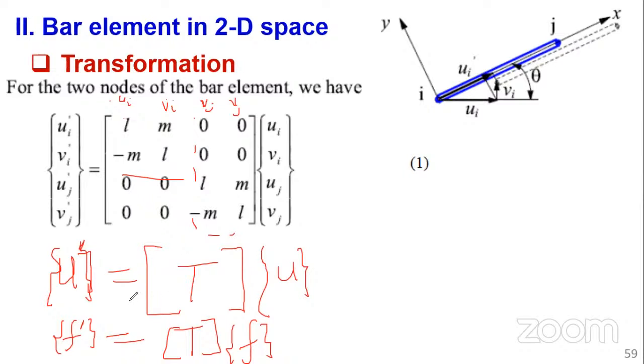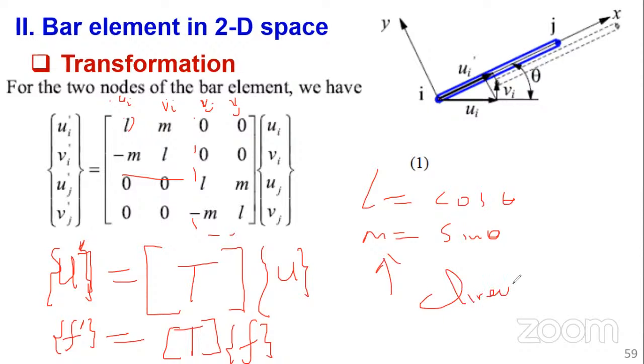So what we look at now is in 2D space. And before I move out of this, this L, M, L of course is cos theta, M is sin theta. This L, M, we call them directional cosines. I know you remember this.